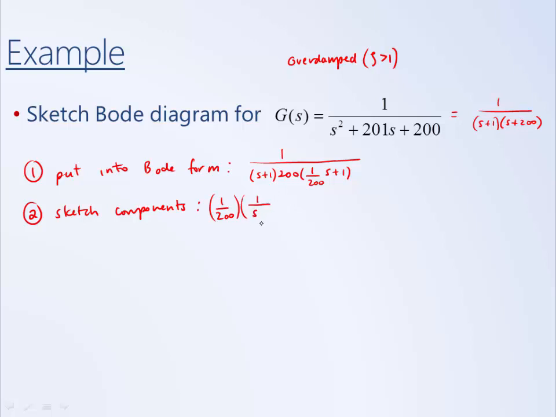One pole at -1 and a pole at -200. We then sketch each of those components, where we have a simple gain and two simple poles, and we've memorized the shapes of those Bode diagrams.